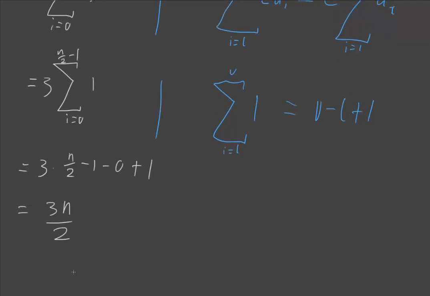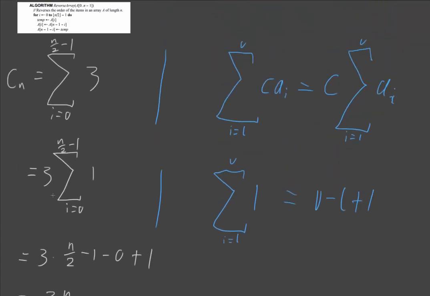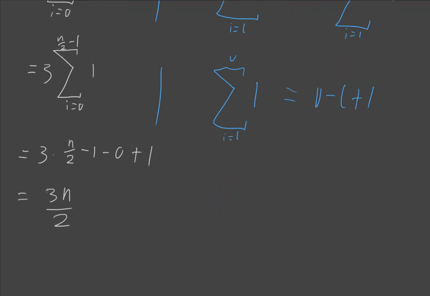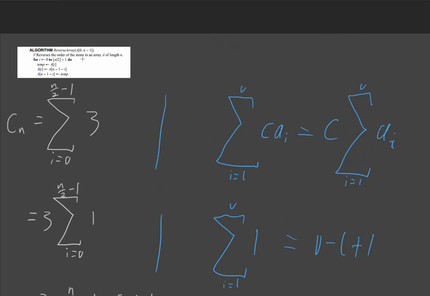So our answer here is just 3n over 2, which makes perfect sense because if you think about it, how many times is this iterating? Well, we're going to n over 2, and we're doing 3 operations each time, so 3n over 2. So all relatively simple. Just wanted to show an example where we actually unpack something that looks a little bit different from an actual function.